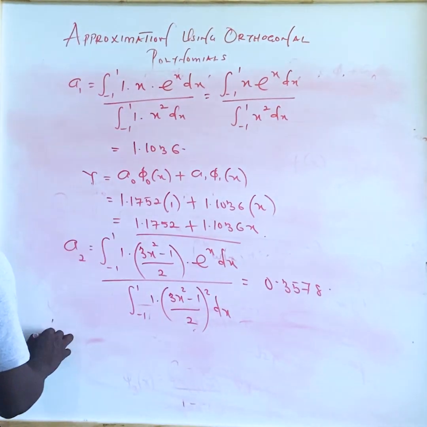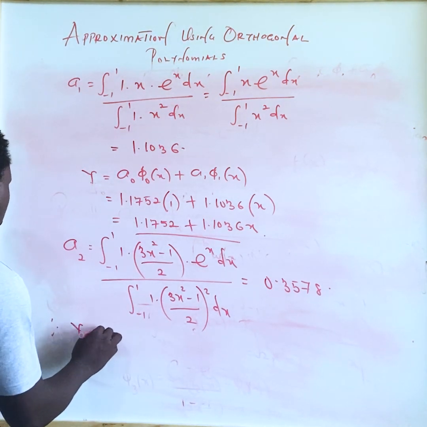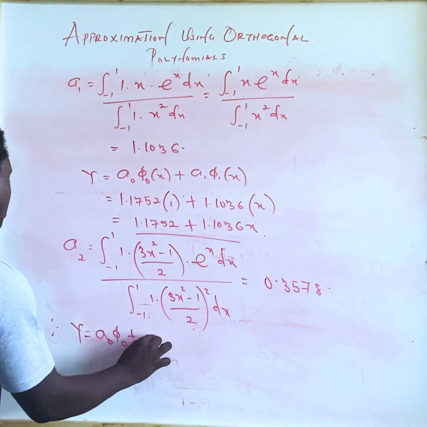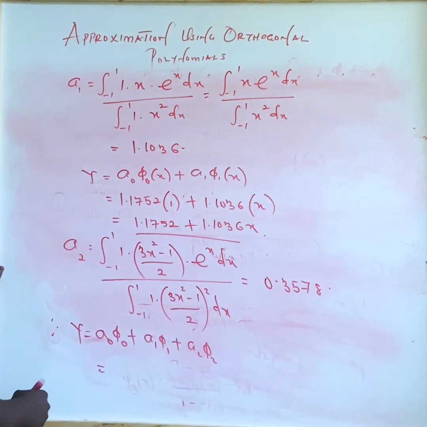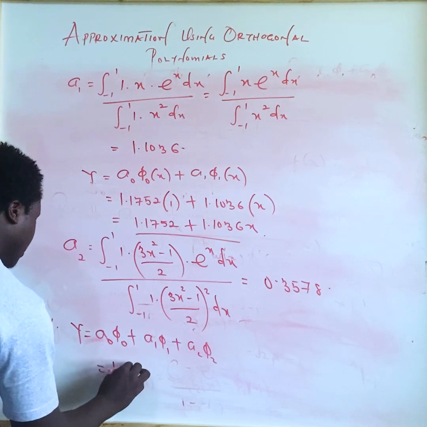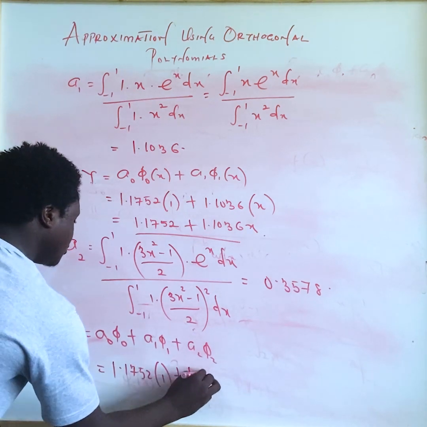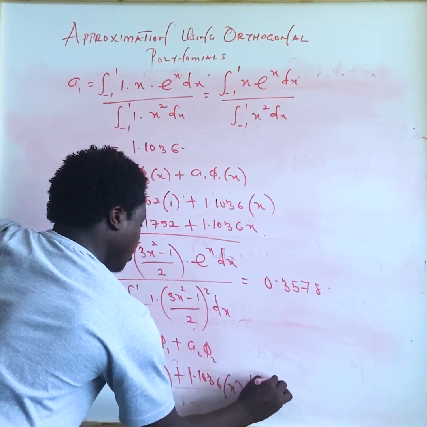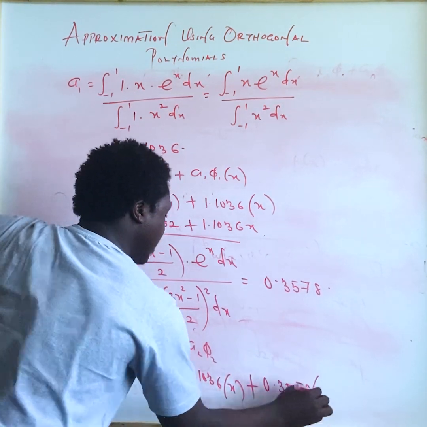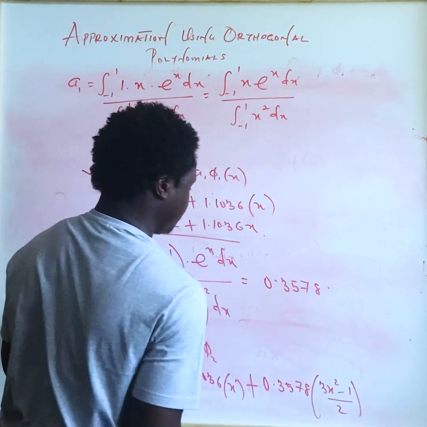So therefore, the polynomial that approximates exponential x to degree 2 gives us y equal to, remember, a naught phi naught plus a1 phi 1 plus a2 phi 2, which will be a naught is 1.1752, so we have 1.1752 times 1 plus a1 is 1.1036 times x, plus 0.3578 times 3x squared minus 1 over 2.